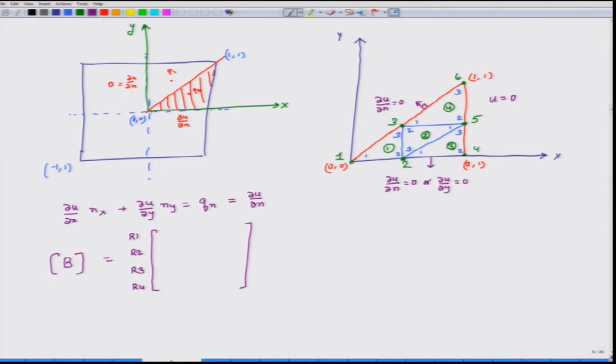So, row numbers correspond to elements. The entries in the first row will be 1, 2, 3. Entries in the second row will be 5, 2 and 3. Entries in the third row will be 2, 4 and 5. And entries in the fourth row will be 3, 5 and 6.